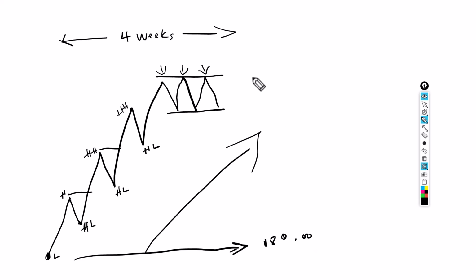But at the end of this 4-week period, you can see that price is at, let's say, the 200.00 price level. So when we're talking about trend trading, we're saying that over a period of time, price actually increased in value for an uptrending market. Okay? Now, does this mean that price just moved in a straight line?